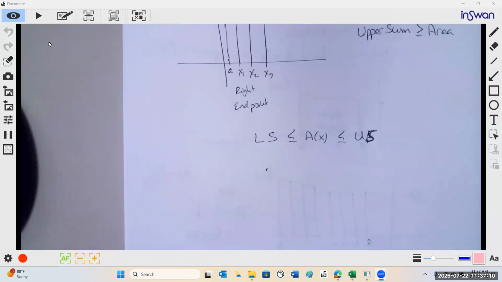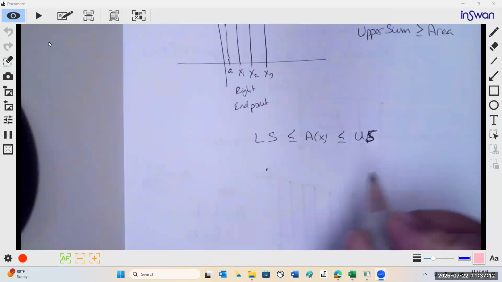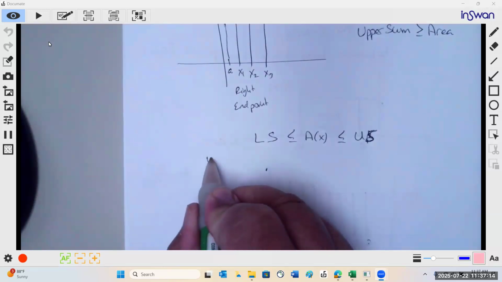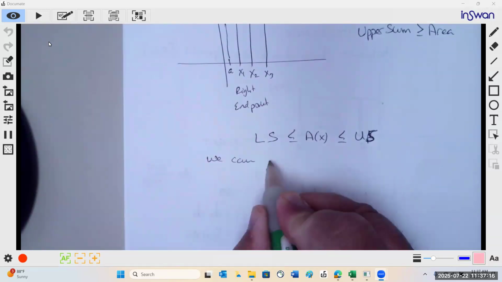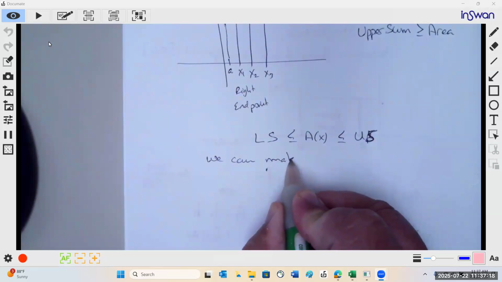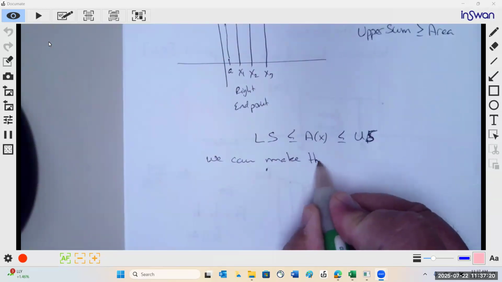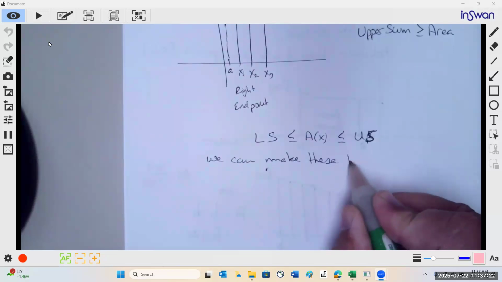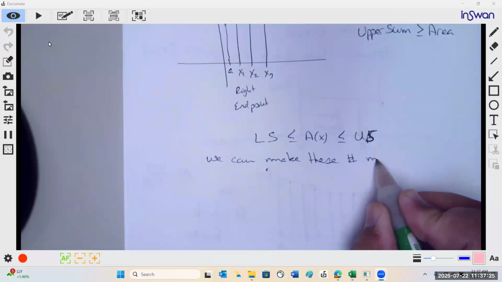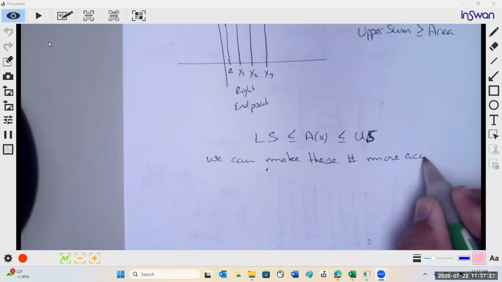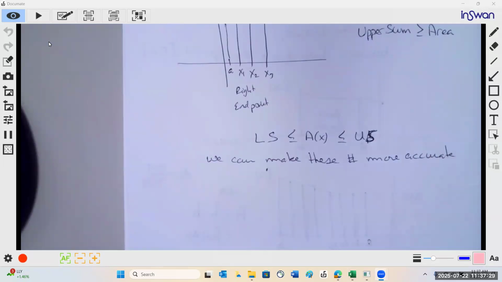How do we make it more accurate? We make these numbers more accurate if two things occur.